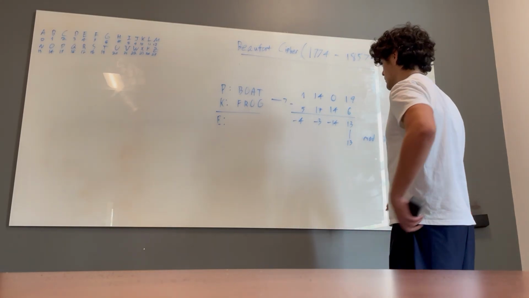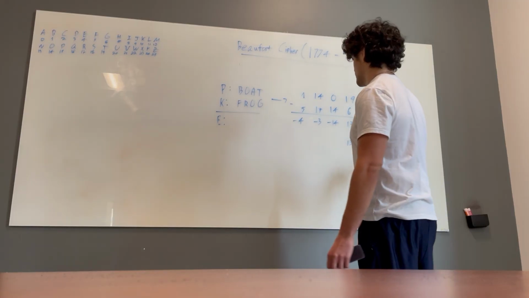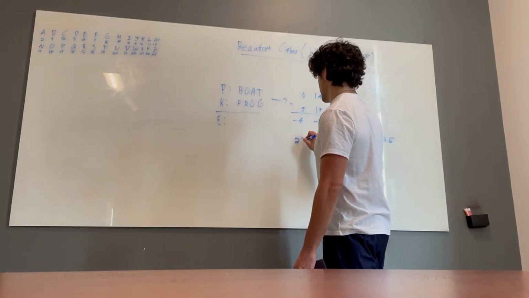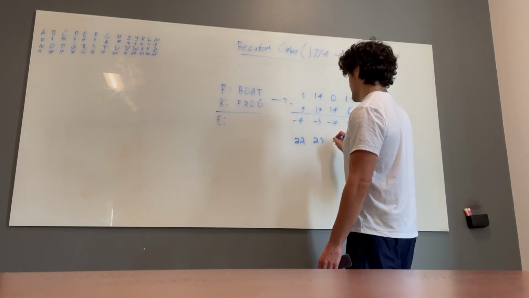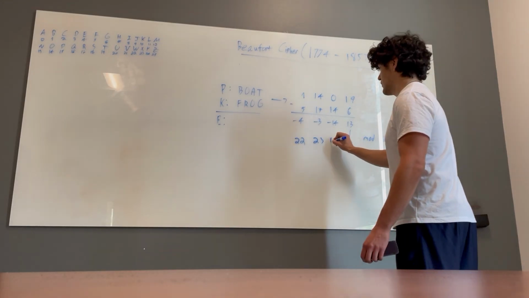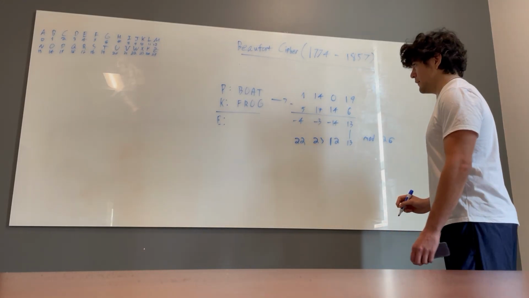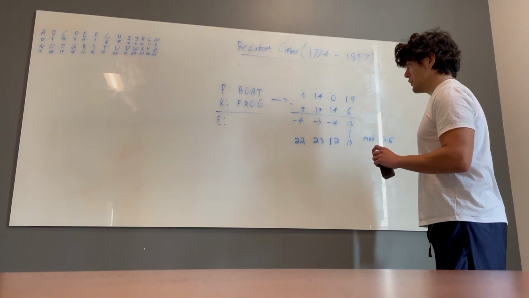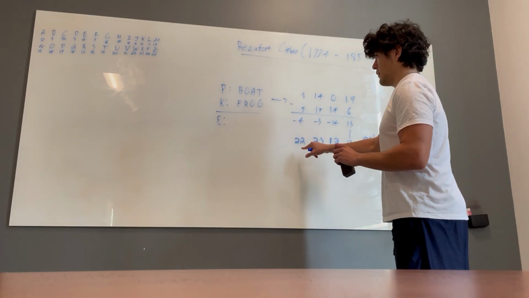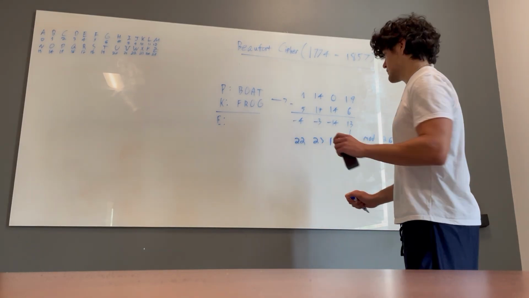And like I said with the negatives, when we do mod 26 with a negative number, we just add 26. So -4 mod 26 is 22, -3 mod 26 is 23, and -14 mod 26 is 12. Now the final step is to go from our numbers back to letters.